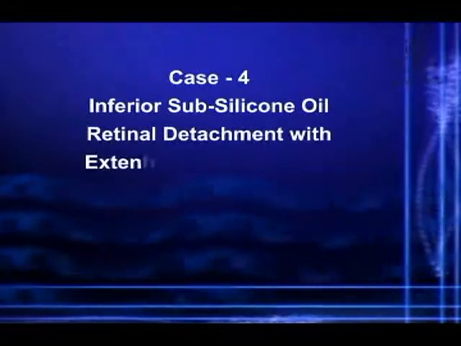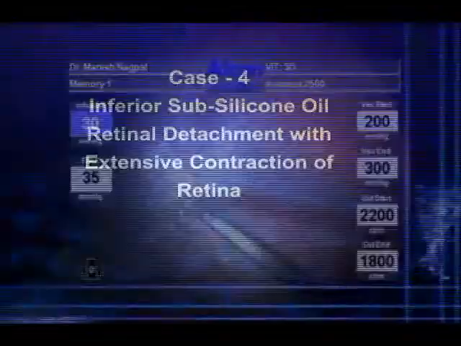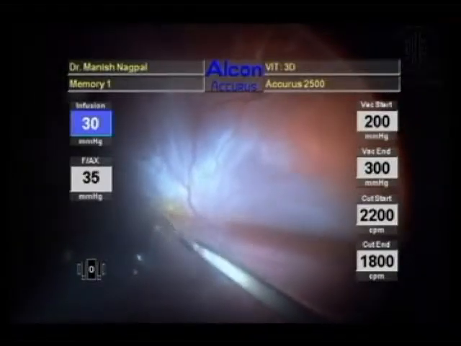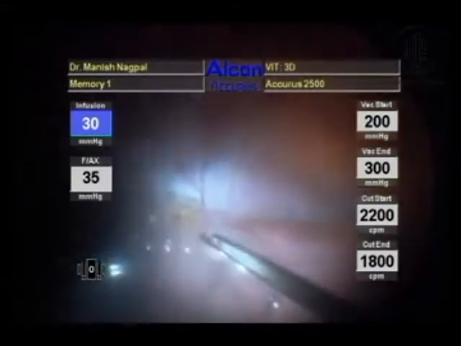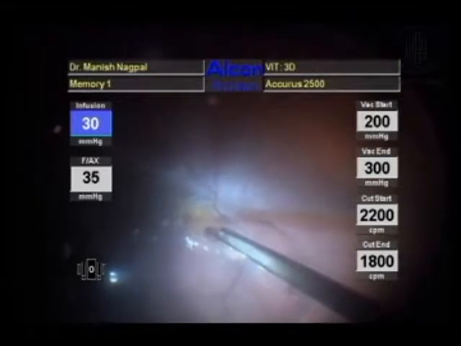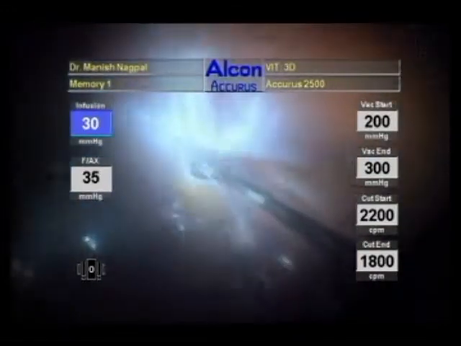In case 4, there is extensive contraction of the inferior retina. PFCL is injected, and membranes are delaminated using a spatula.